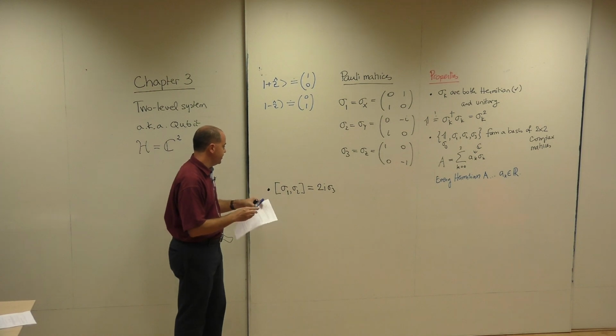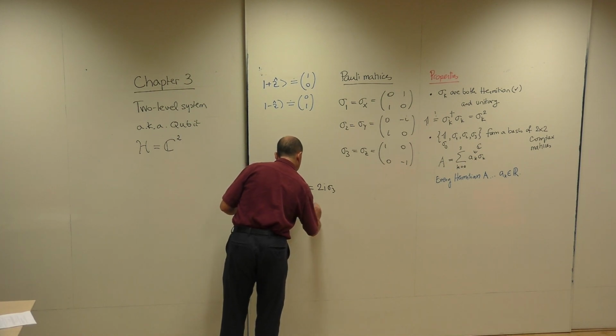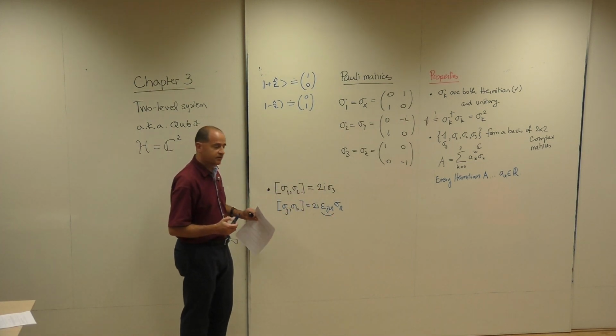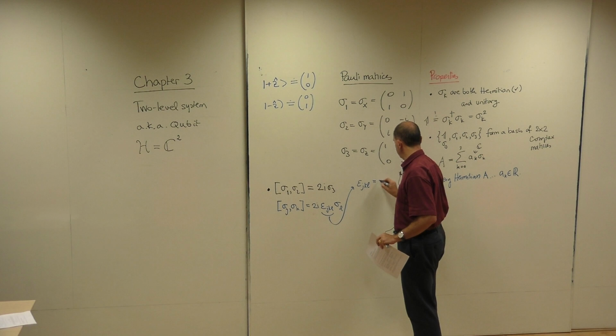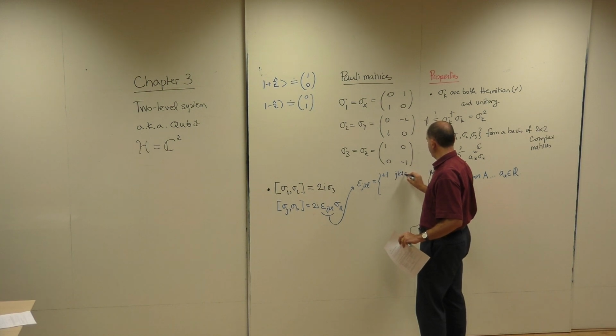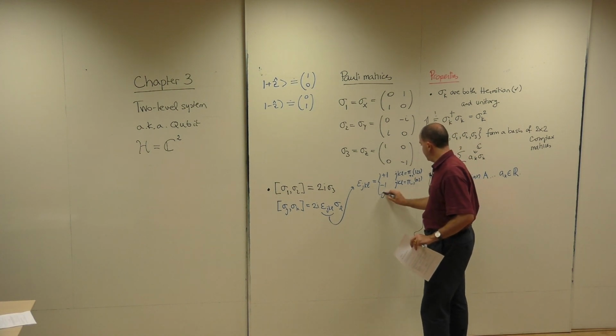So we can write it in general as sigma_j sigma_k is equal to 2i epsilon_jkl sigma_l, with epsilon being the tensor you might have already met somewhere in your life, that is such that epsilon_jkl is equal to plus 1 if jkl is an even permutation of 1, 2, 3, is minus 1 if jkl is an odd permutation of 1, 2, 3, and is 0 in all the other cases.